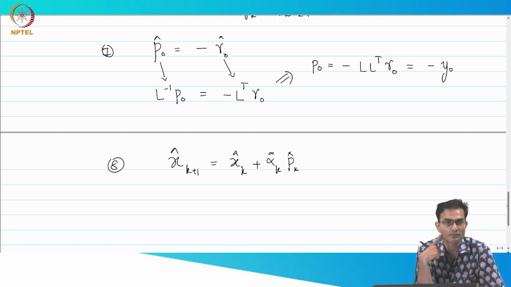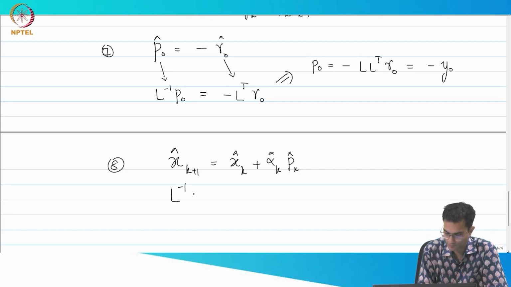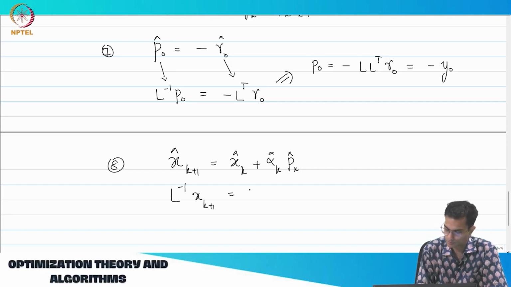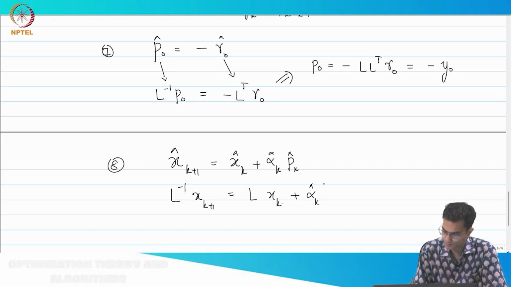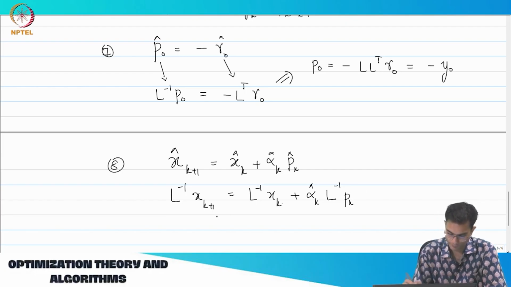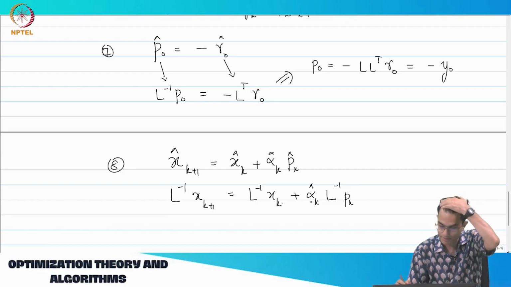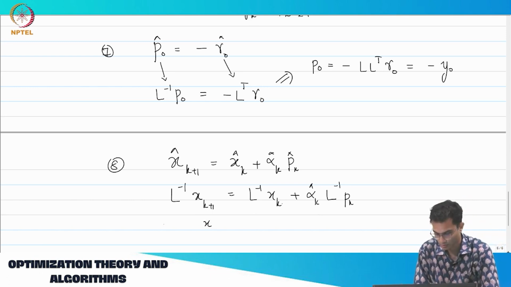Is it L or L inverse? L inverse. So this is L inverse xk+1, L xk. Alpha hat, I have an expression, I am going to leave it, and p hat is again L inverse pk. So basically I get the same expression.